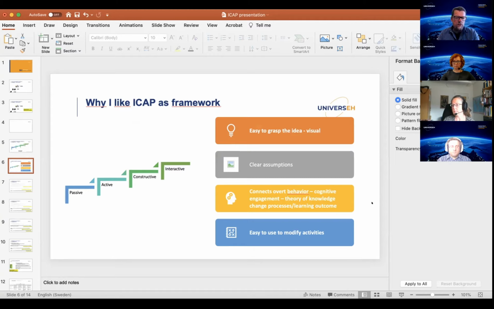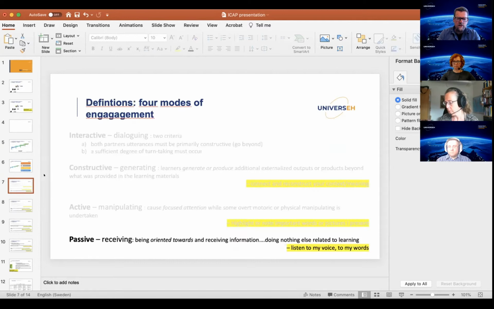So if we try to think of the different levels, how could we understand these levels? If we start with passive, I want to stress that passive does not mean that they are not paying attention, because that is kind of zero level. They are actually paying attention, but the students are passive.